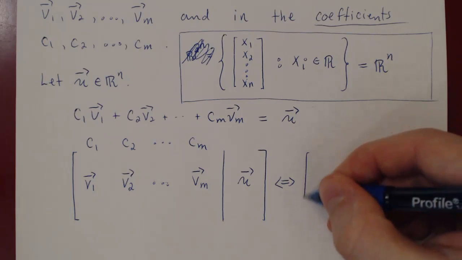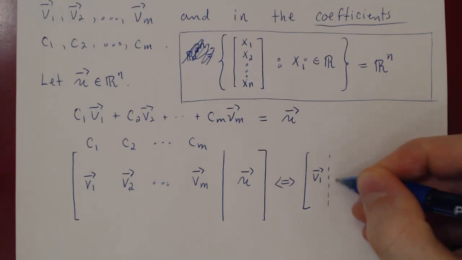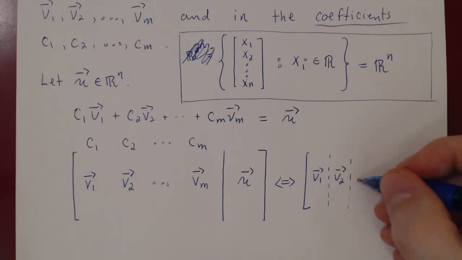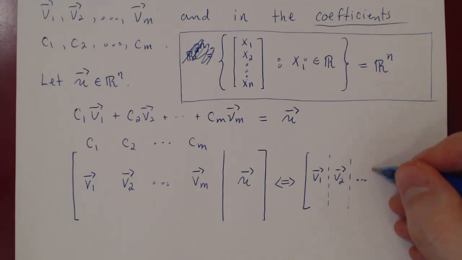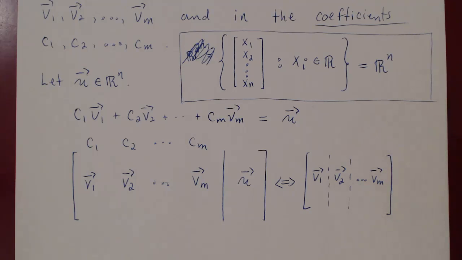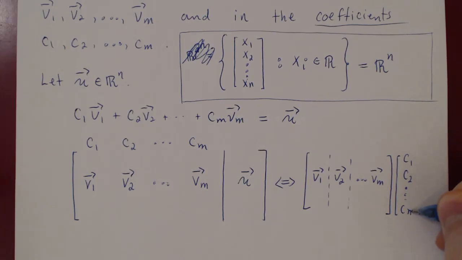So this is the matrix whose columns are the m vectors in the linear combination, so v1, v2, through vm, times the column vector of variables c1, c2 through cm, and this equals the column vector u.